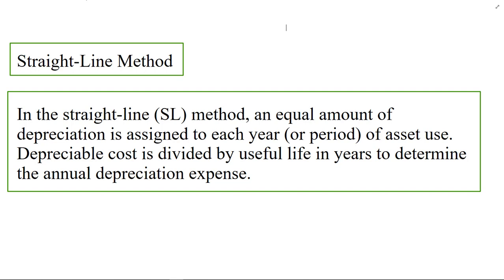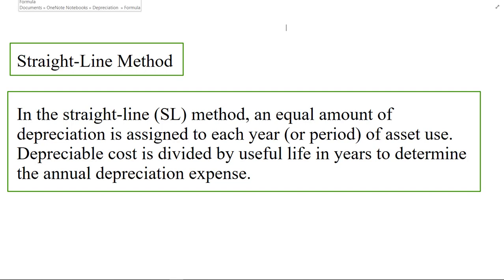On the basis of different statistics, about 88% of businesses and organizations are using the straight line method, while the accelerated method is 7%, units of production is 4%, and 1% is using other methods of depreciation. So this is the most common and most used method for calculating depreciation expenses.